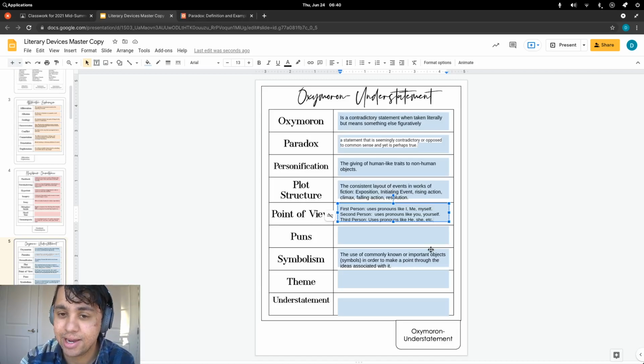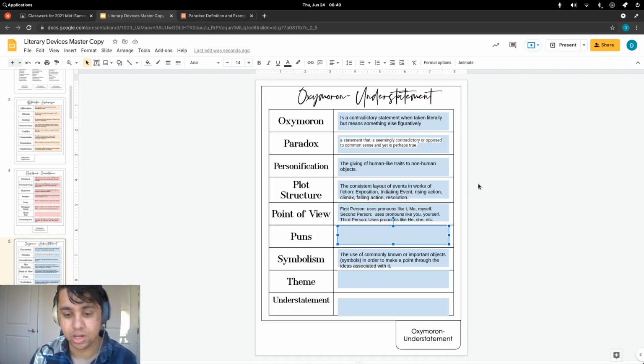That is, it's very difficult to buy into the book when you hear that you're the one doing the action, because you might end up doing something that you wouldn't actually do in real life. You usually only see these in things like letters or in choose your own adventure books. You'll see second person. And then third person uses pronouns like he, she. These are where most books fall into, and I'm sure you've read tons of them.